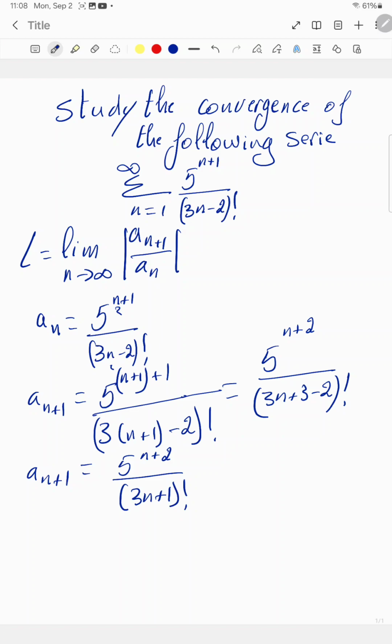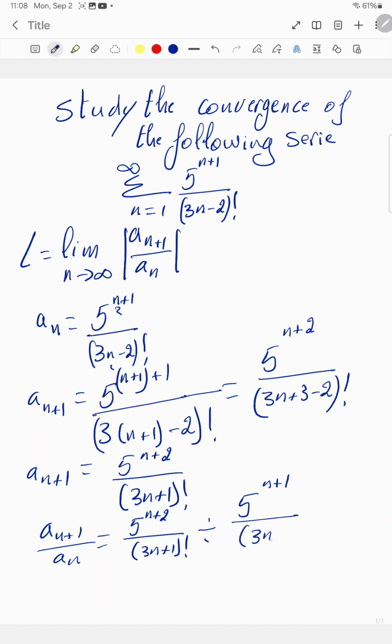So now let's do a(n+1) divided by a(n), which would be 5 to the power n plus 2 divided by (3n plus 1) factorial, and I will write divided like this, and the a(n) that I have is 5 to the power n plus 1 divided by (3n minus 2) factorial.